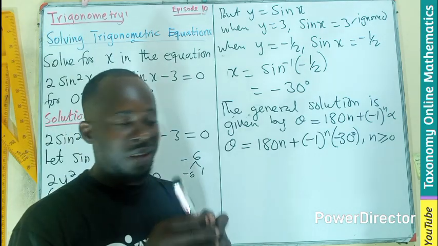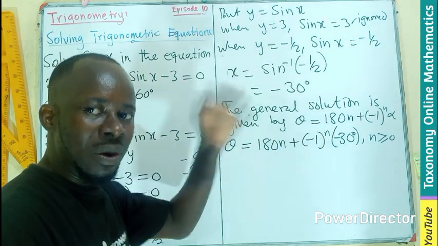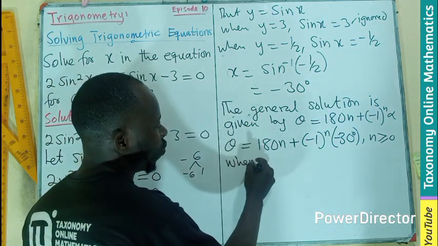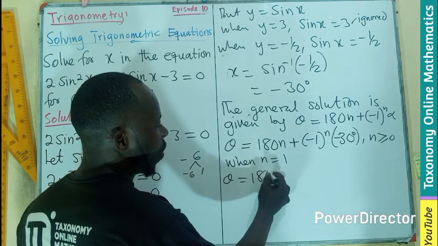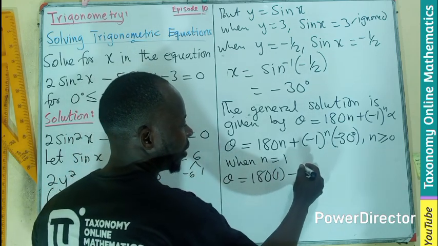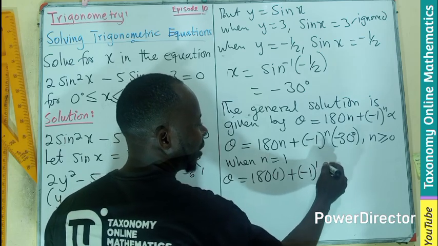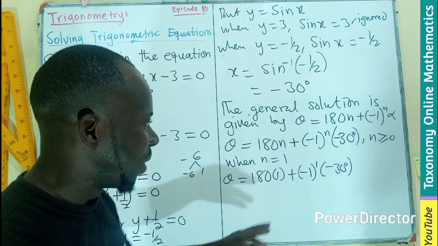If you use 0 for the first one, you come back to this answer. So we go straight forward to 1. 0 is the first angle, second will be the next one. So when n equals 1, your theta will be 180 times 1, plus negative 1 raised to the power 1, times negative 30 degrees. Remember what will happen here?